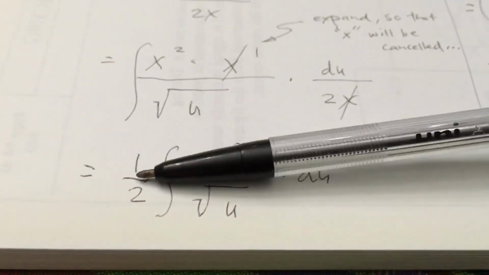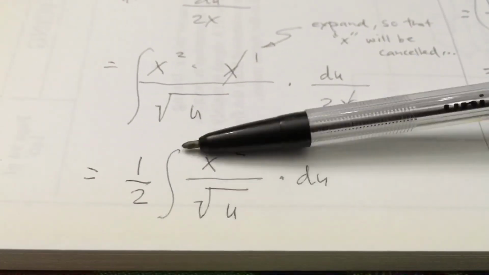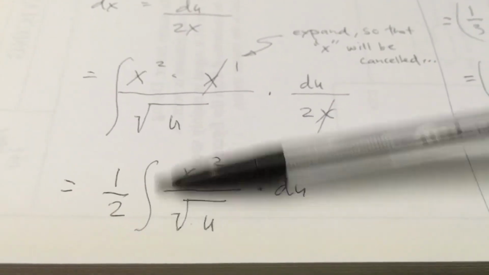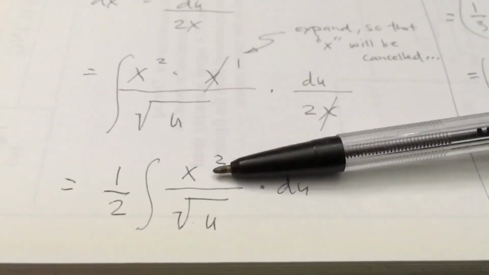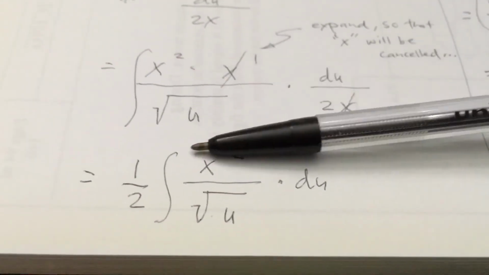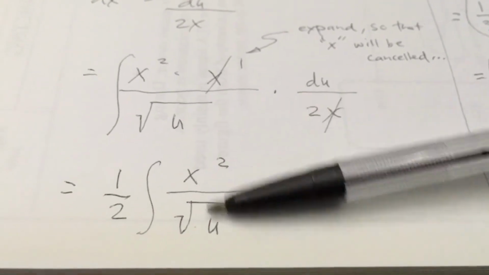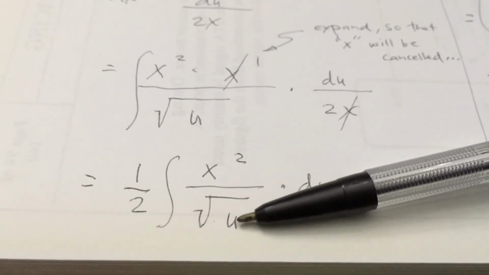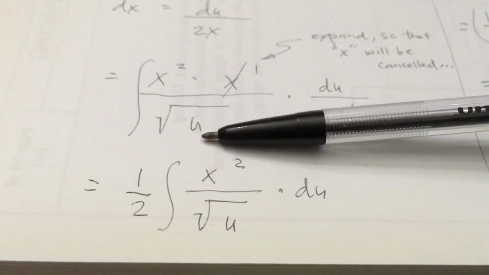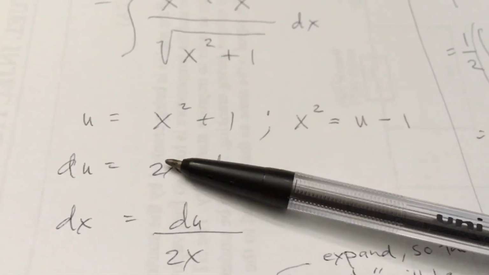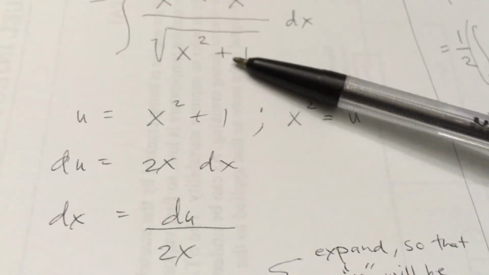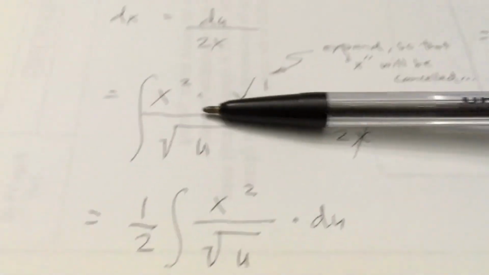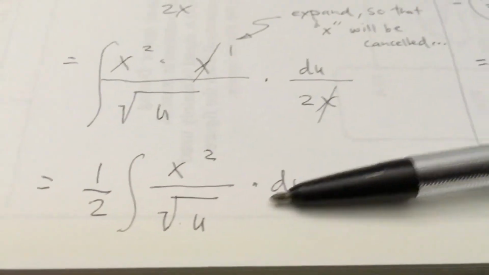Let us put the 1/2 at the extreme left of the integral sign. This will remain x squared and the square root of u, because you will have to substitute u to the value that you just assigned. You will have to substitute the u there, times du.